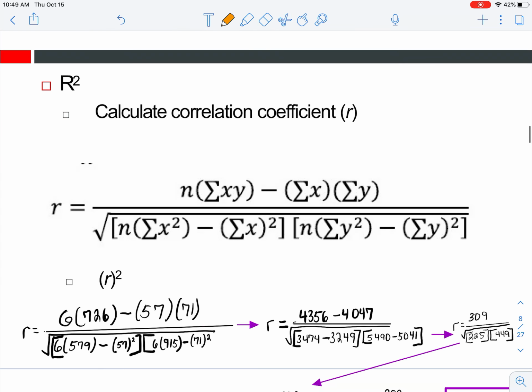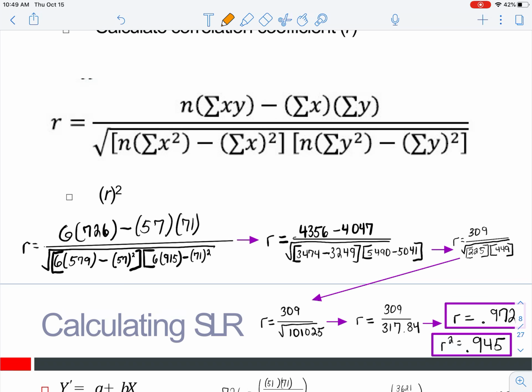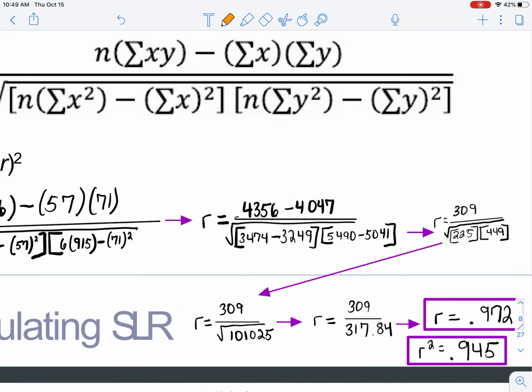So as I went through and plugged and chugged my sum of x, sum of y, sum of x squared, sum of y squared, sum of x and y into my correlation equation, I came up with an R, or my correlation coefficient, of 0.972. So that's a pretty high correlation.